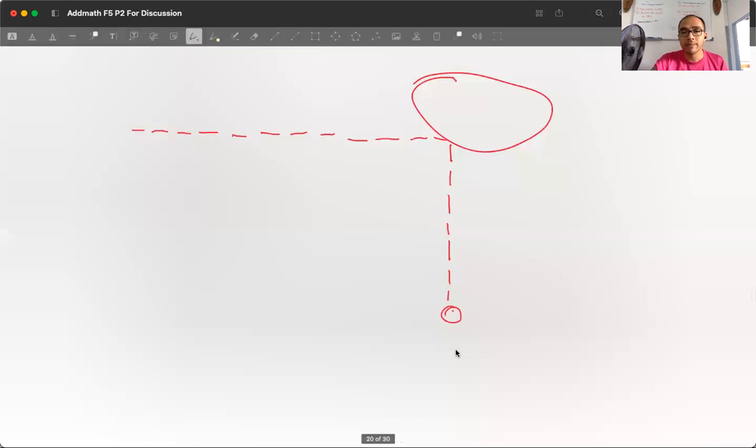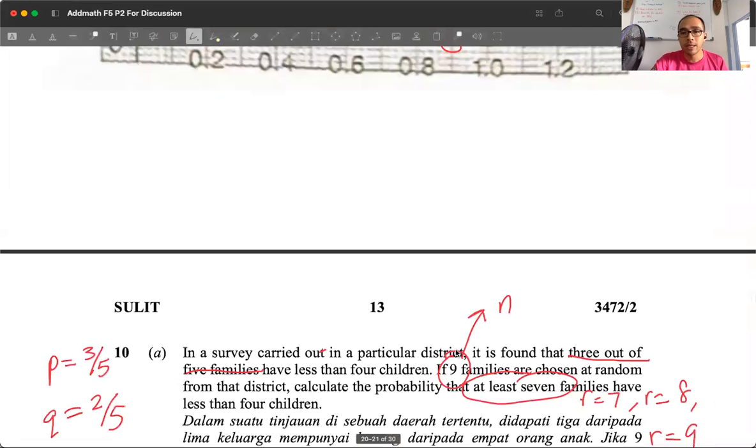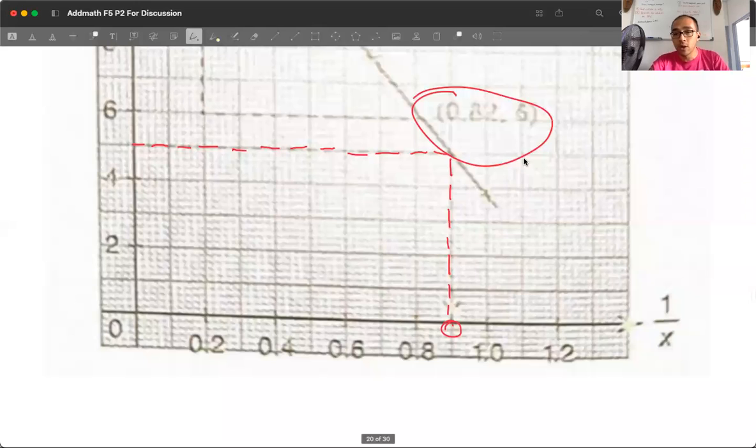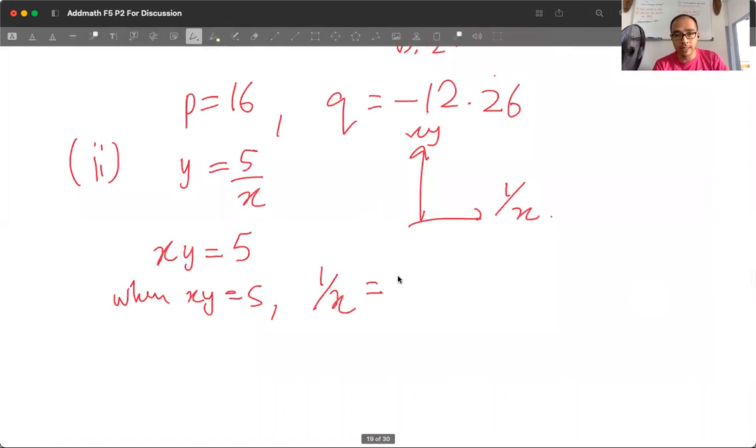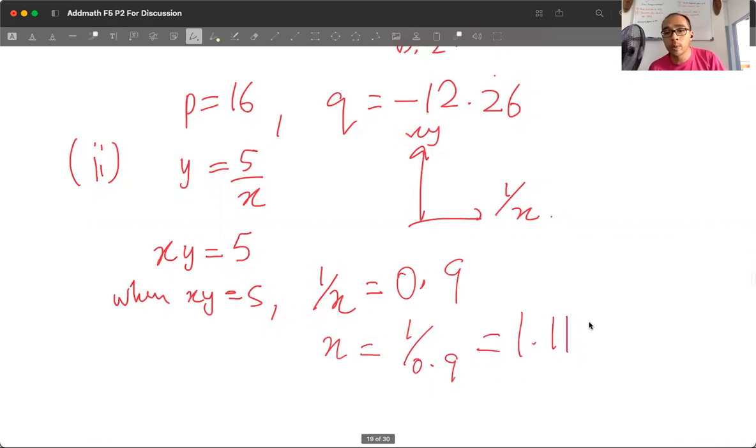Sebab dia punya paksi of the graph is 1 over x. Okay, selalu tengok paksi betul-betul. So 1 over x is 0.9. Therefore, x equals to 1 over 0.9, which will give you 1.11. Or 1.111 if you want to be so tepat untuk dapat 3 tempat perpuluhan, also no problem. Okay, 1.11.